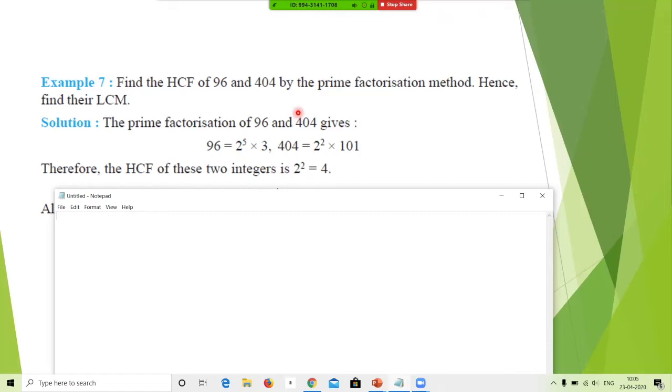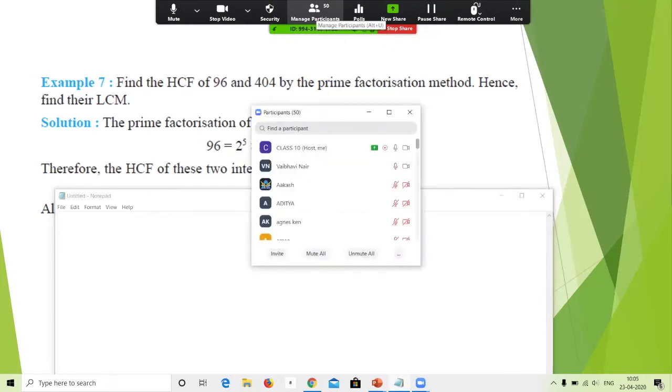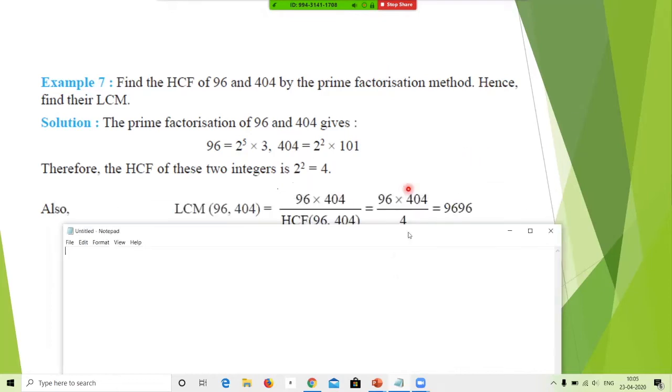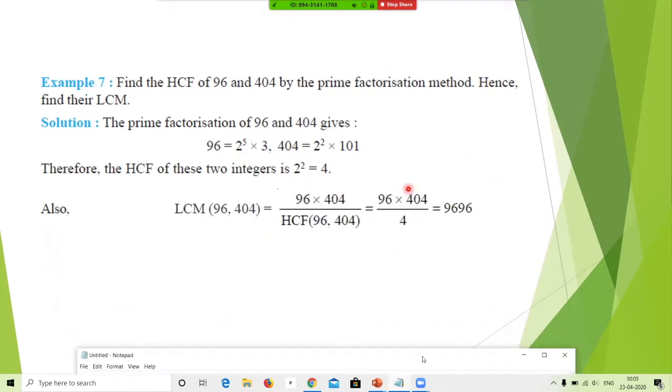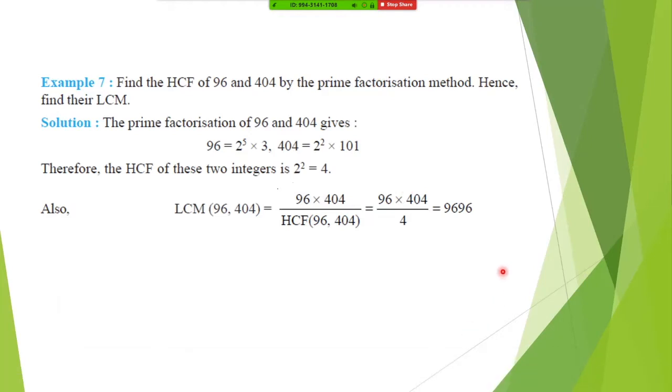Number 1 into number 2 divided by the HCF 4. Ma'am, 96. 96. Yes, ma'am. Perfect. Good. Everybody, shall I proceed, please? Yes, ma'am.